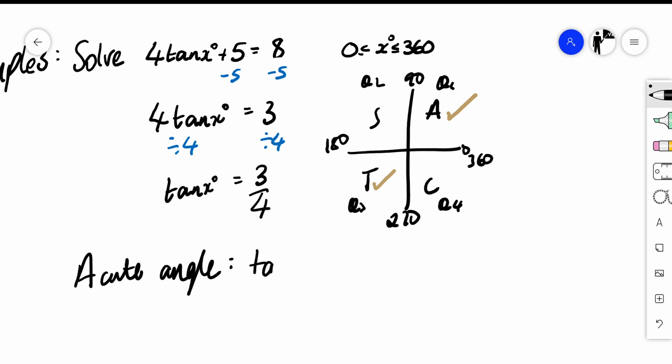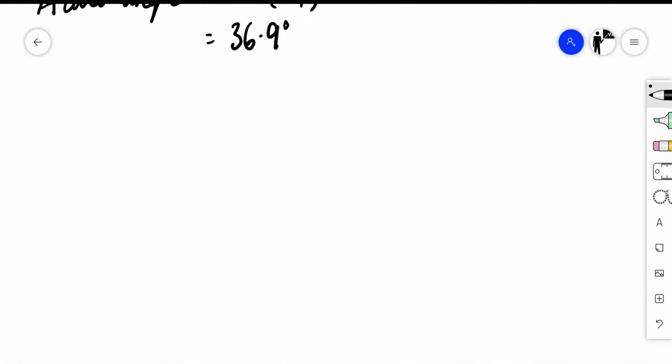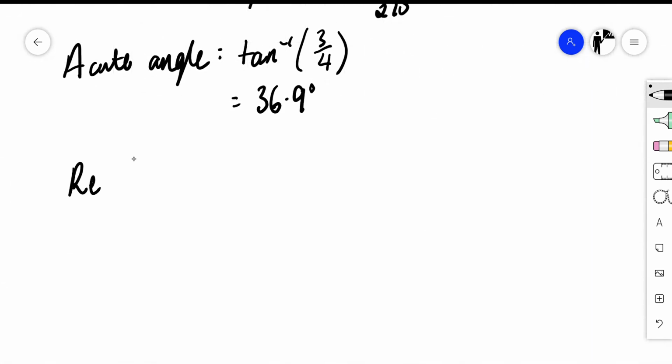So we'll go ahead and find our acute angle. We'll do inverse tan of 3/4. And that comes out to be 36.9 degrees. So we've found our acute angle, we can now proceed and find our related angles.